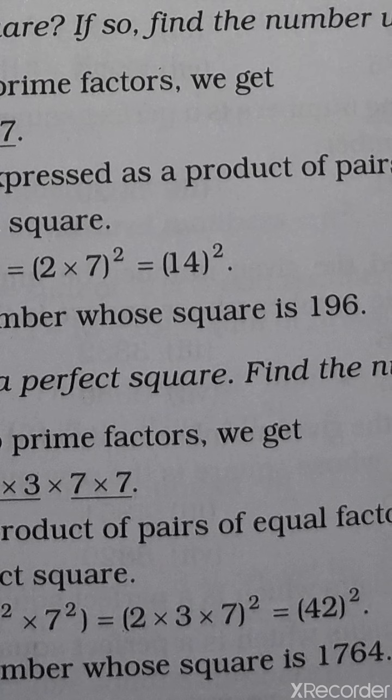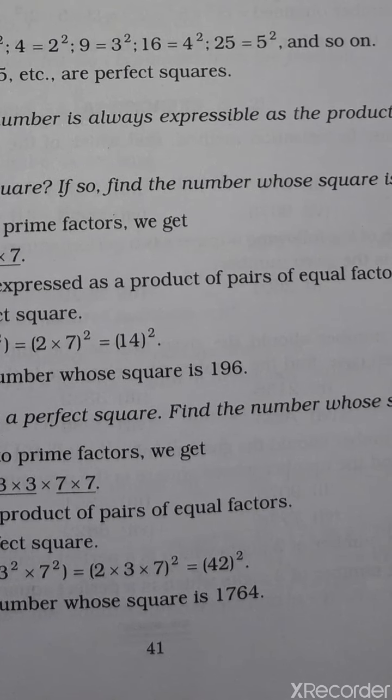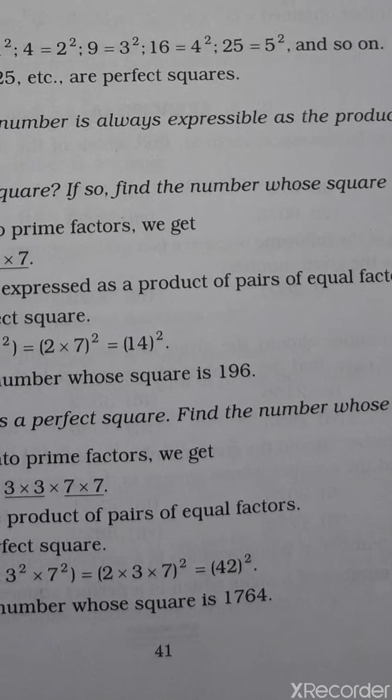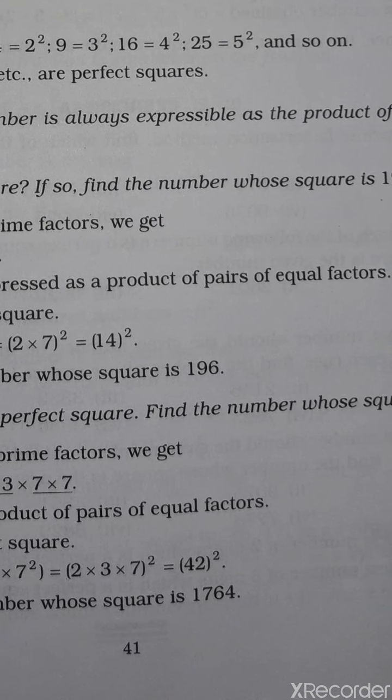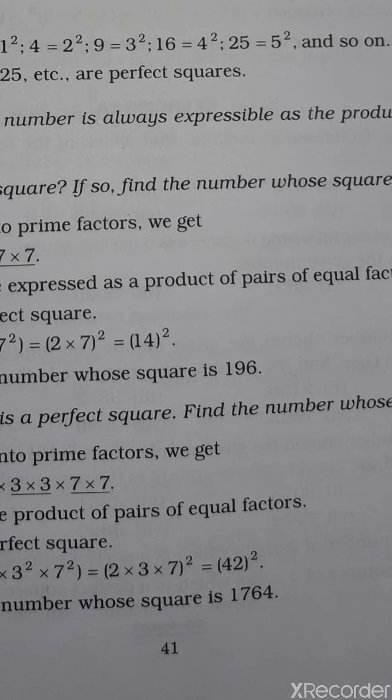So we have two 2s, two 3s and two 7s. All these prime factors we have got by prime factorization are in pairs.